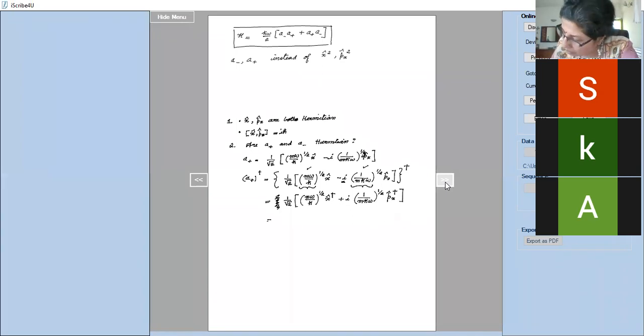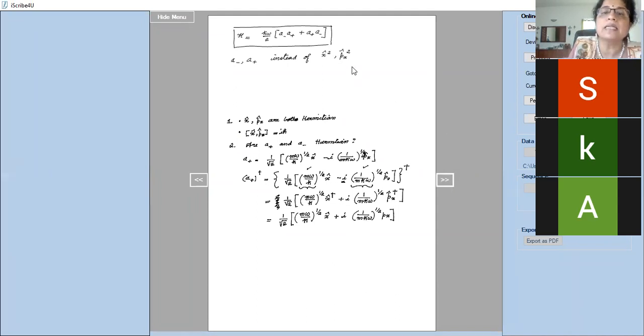So I get 1 upon root 2, (m omega by h cross) power half x plus i (1 upon m h cross omega) power half px. If you look up the definition of A minus, you will realize this is nothing but A minus.